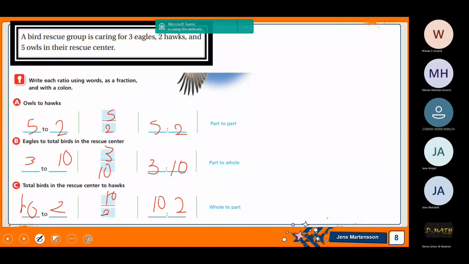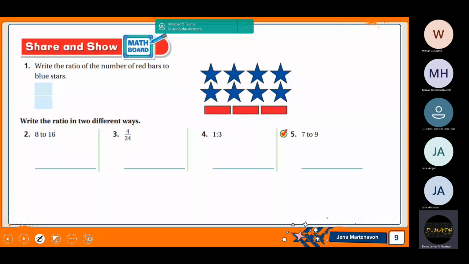Now, all of you please go to the share and show. This one here. Okay. Page 219. Now, write the ratio of the number of red bars to the blue stars. Who wants to solve that? Please, you. Red bars to blue stars.